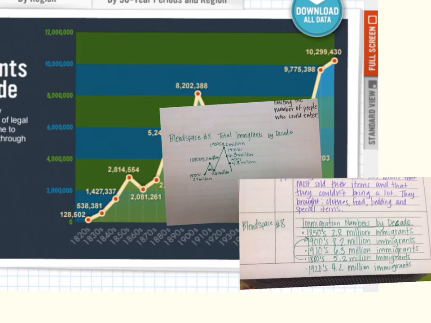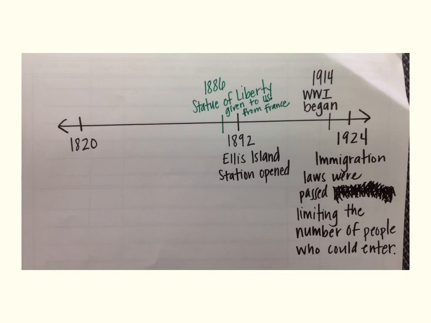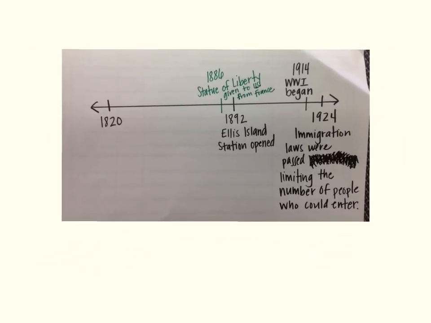So readers, another kind of note that you can take would be a note that has a timeline or a chart written out. Readers, I also started a timeline on the back of my packet, and my timeline looks like this. It goes from 1820 to 1924. And I chose those dates because those are the dates that I'm focused on studying.